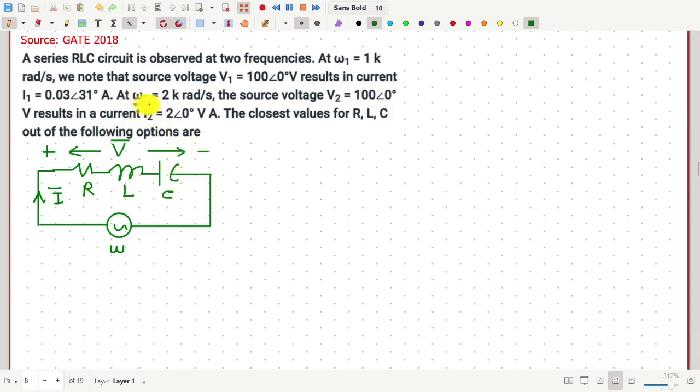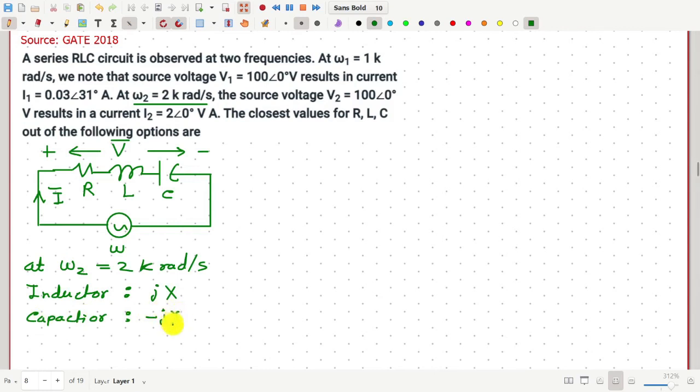Notice that at omega 2 the voltage and current are in the same phase. That means this is the resonant frequency. So at this frequency, at omega 2, which is 2 kiloradian per second, let the inductor impedance be Jx, then the capacitor impedance will be minus Jx.